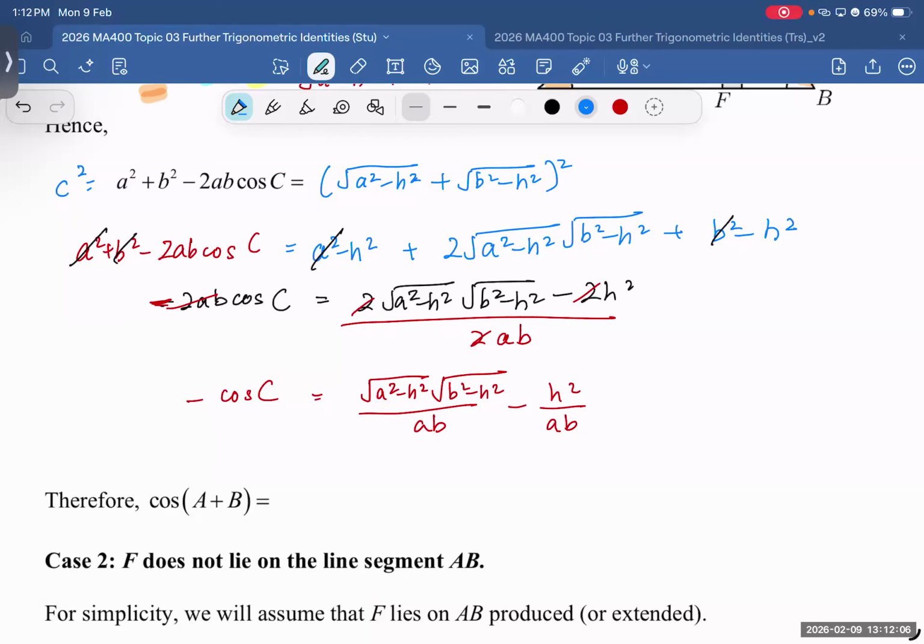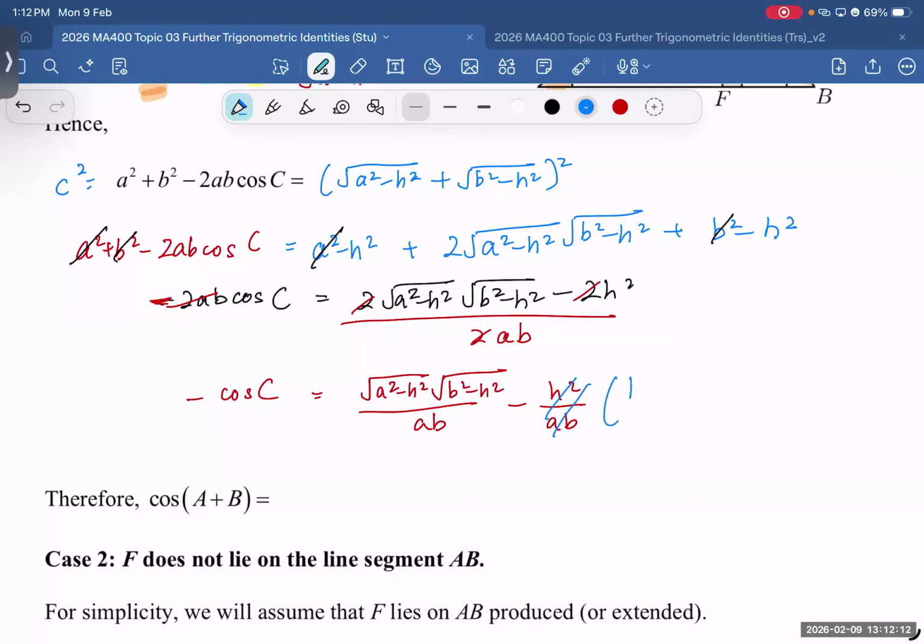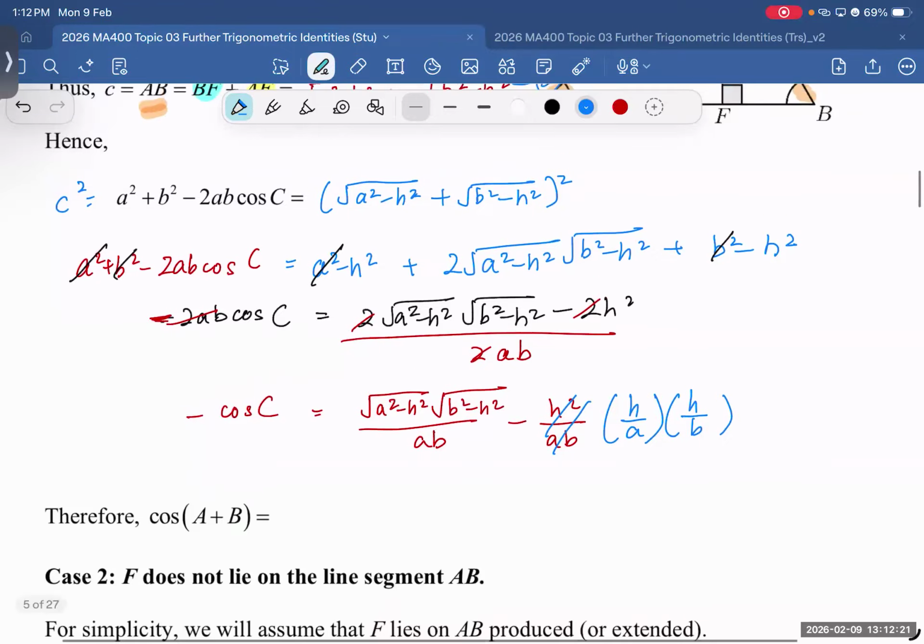So if you're okay with this, can I say that H squared, I purposely write this as H over A, H over B? Is it okay?